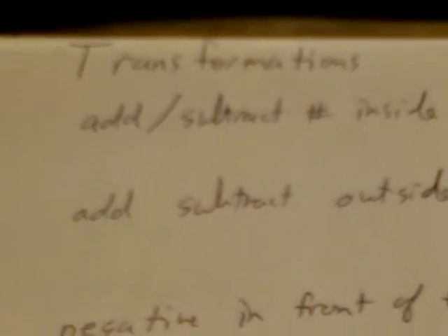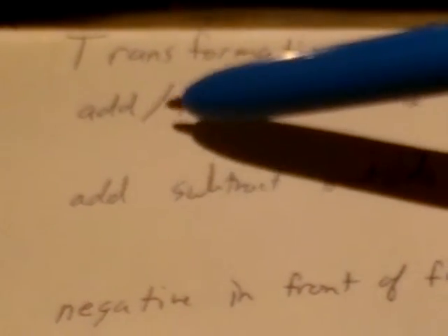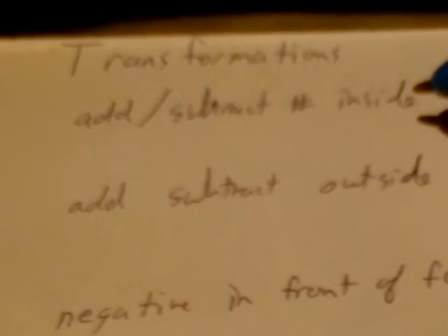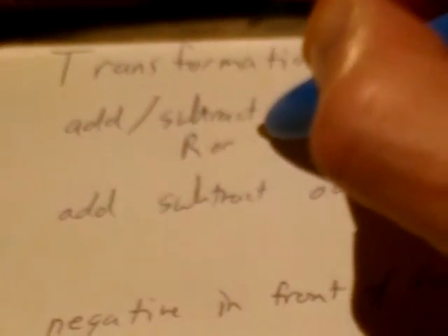So we're going to do some transformations, and I just want to quickly remind you about how this goes. When we are adding or subtracting a number inside the function, that means we move right or left. Remember again, when you're adding or subtracting a number inside the function, it's right or left. When you add or subtract a number outside the function, it's up or down.